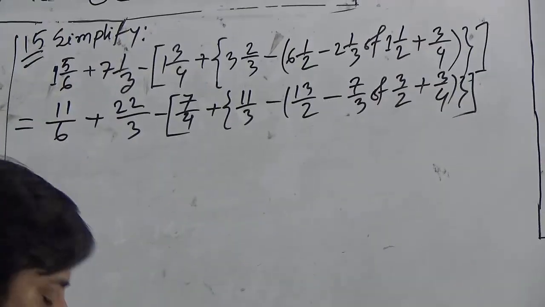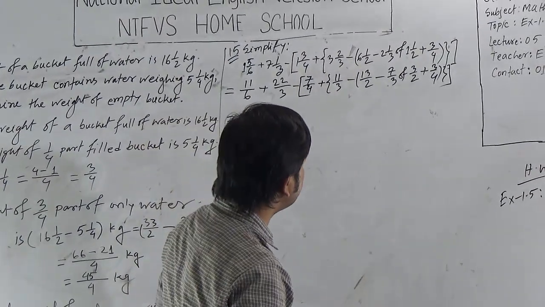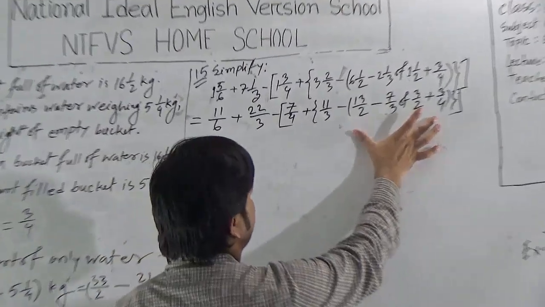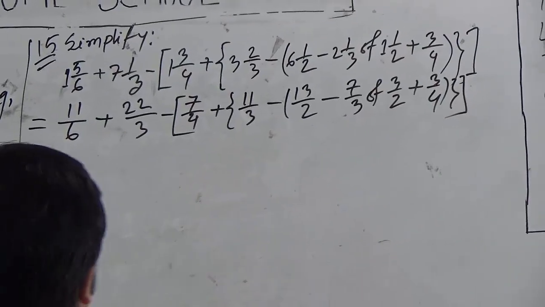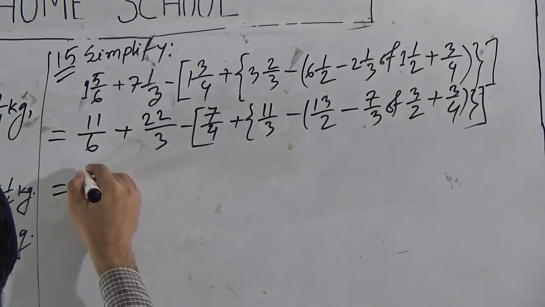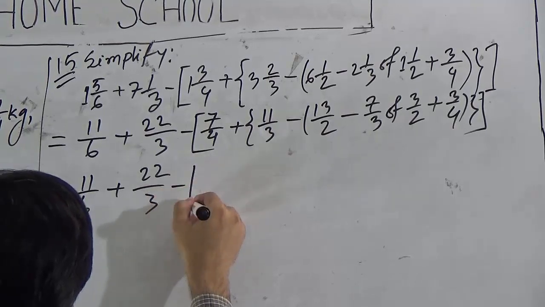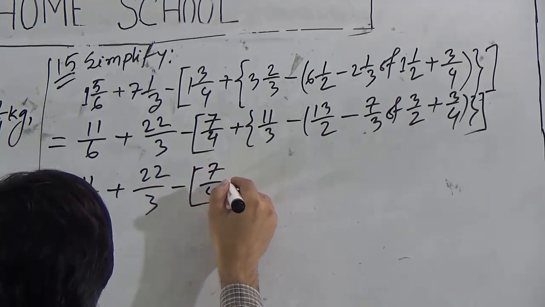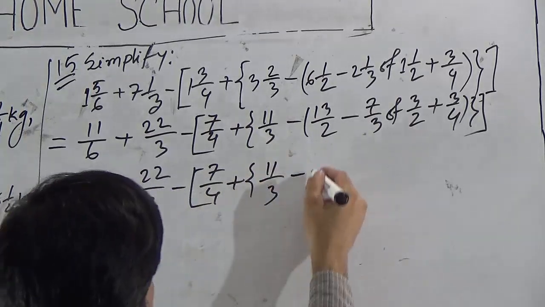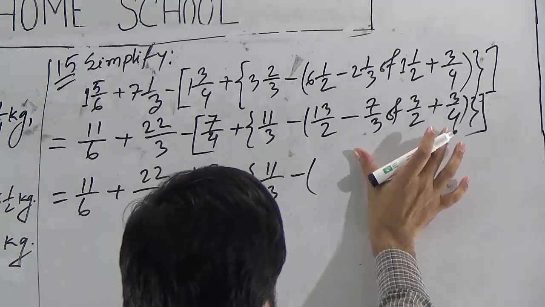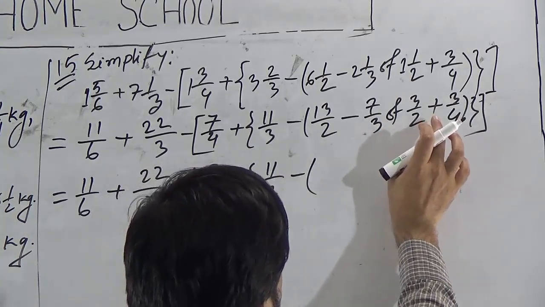Dear students, as there are 3 brackets given, at first we have to complete the work of the first bracket. So except the first bracket, all the remaining parts will be the same. 11 by 6 plus 22 by 3 minus 7 by 4 plus 11 by 3 minus, then here is minus of plus.